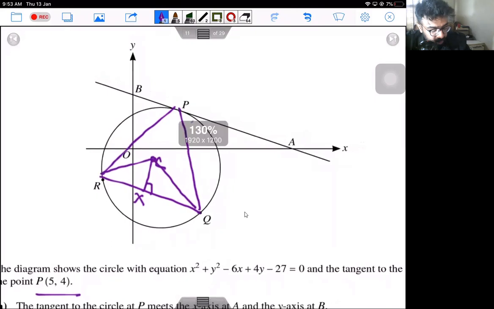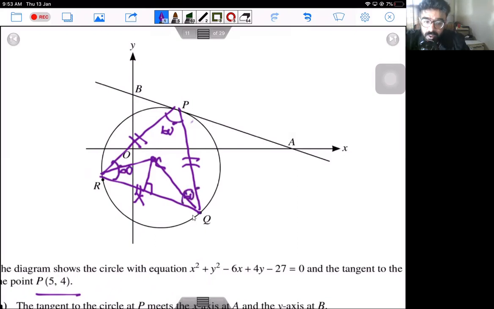Okay, so first I'm interested in finding the base of this triangle, this length QR. And since we have an equilateral triangle PQR, all of these three sides are equal and all of these angles are equal to 60 degrees.